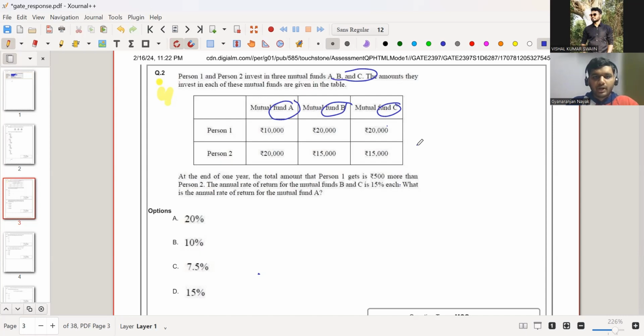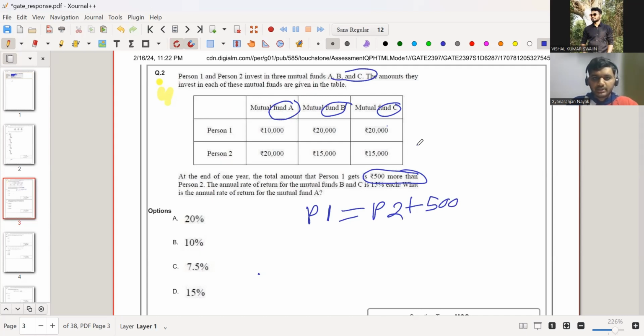At the end of 1 year, the total amount that person 1 gets is 500 more than person 2. The annual rate of return for mutual funds B and C is 15% each. What is the annual rate of return for mutual fund A?